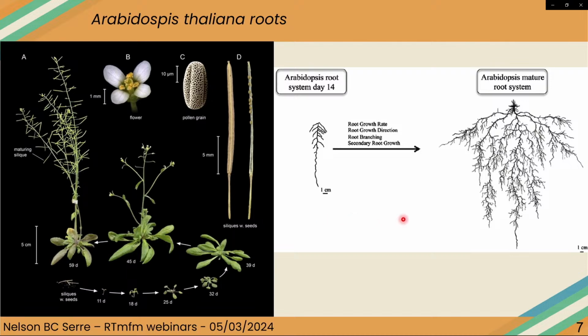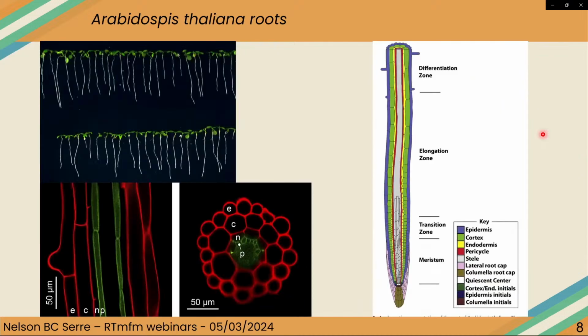And at the root system, for example after 14 days, you have a primary root, which has secondary roots branching on it. And at a more mature stage, you observe tertiary and quaternary roots, which gives a complex root system in the soil. But to be honest, in the lab, most people study them at this stage, which is 4 or 5 days old. They're growing on agar plates with plant-specific medium.